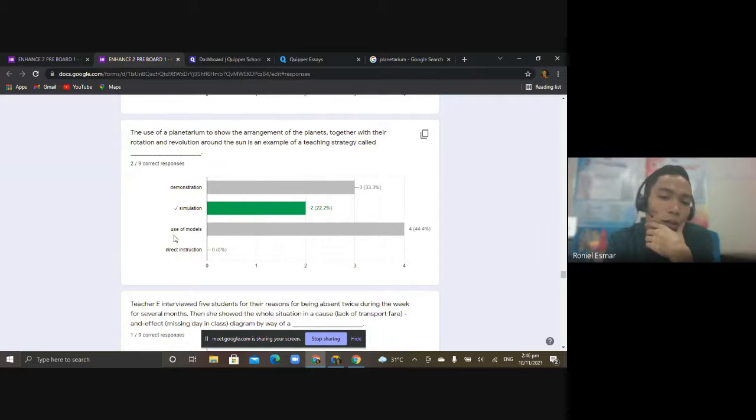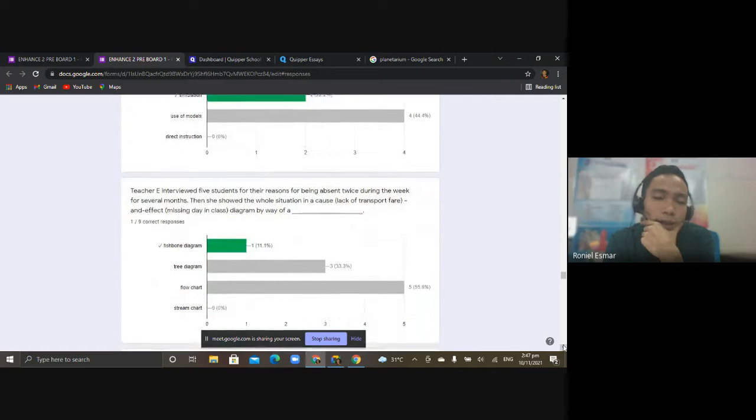Among the choices, it's actually the closest to what is being asked. It actually shows the possibility, close to the reality, of the movements of the planets, the rotation and the revolution.